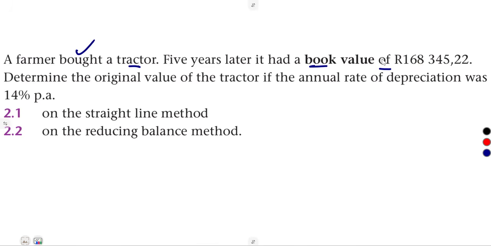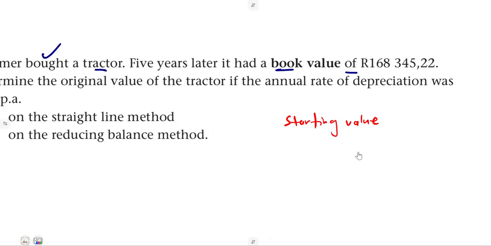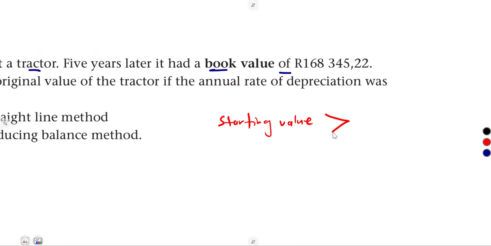You buy a car, you buy a certain thing that depreciates as time goes on, meaning to say the original amount, which is our starting value, compared to the final value is going to be greater than the final value. Because it is reduced, the final value is less than what we started with.